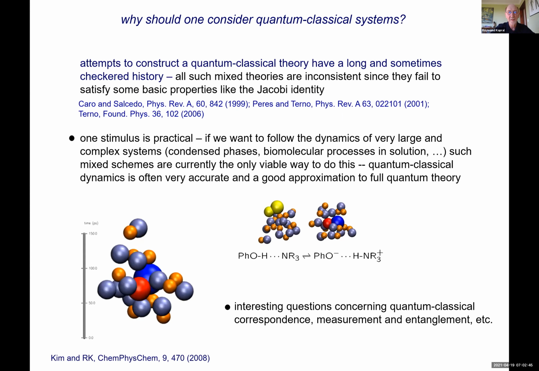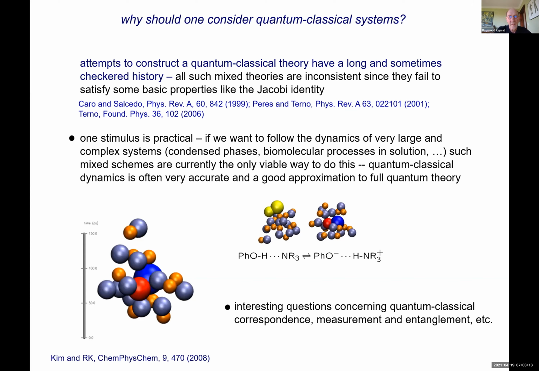And it's also known that such mixed quantum classical theories have inconsistencies in them. And in particular, many of these inconsistencies are associated with the lack of a Lie algebraic structure and the breakdown of the Jacobi identity. So in spite of this, I believe it's still interesting to think about such theories.